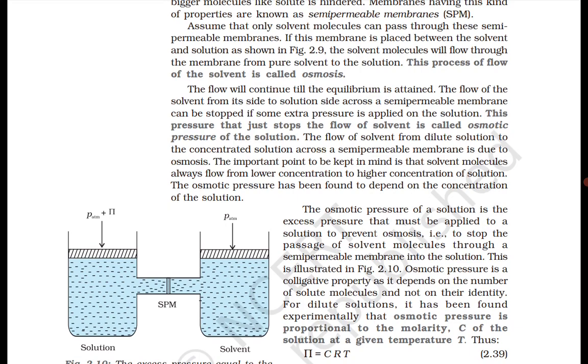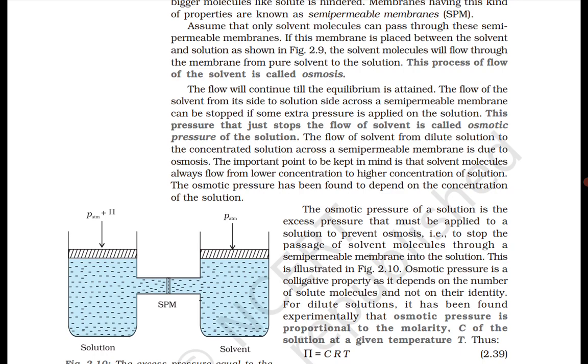The flow continues till equilibrium is attained. The flow of the solvent from its side to the solution side across a semi-permeable membrane can be stopped if some extra pressure is applied to the solution. This pressure that stops the flow of the solvent is called the osmotic pressure of the solution.